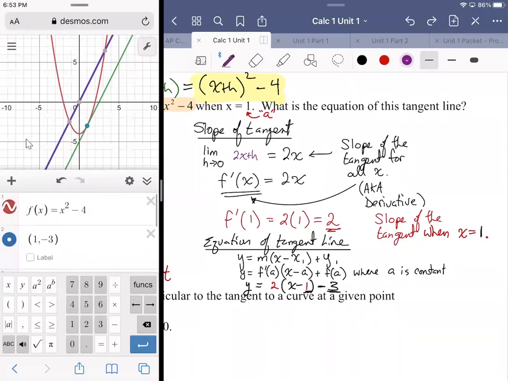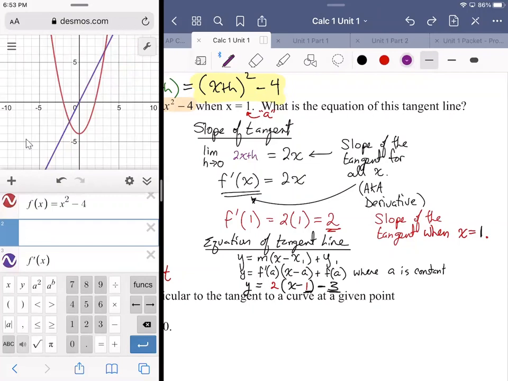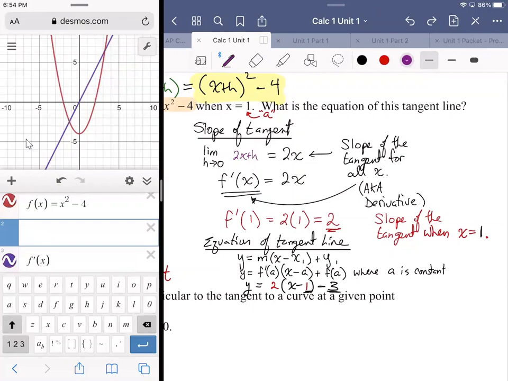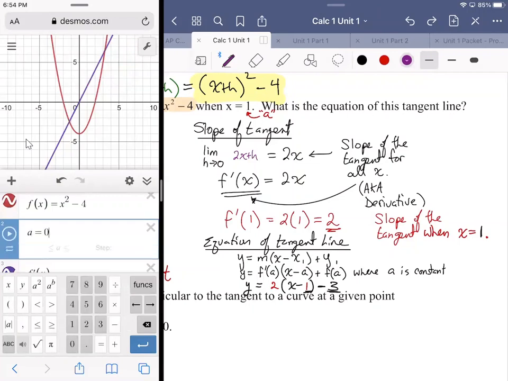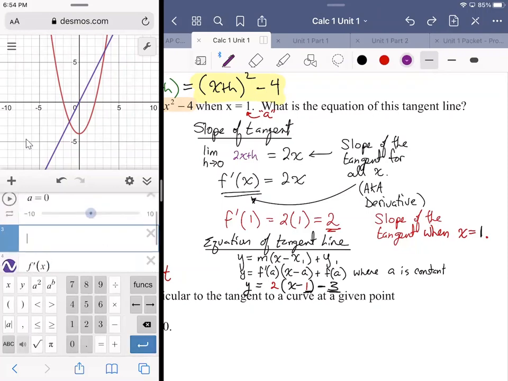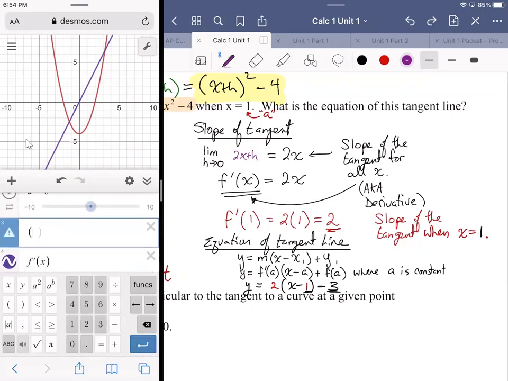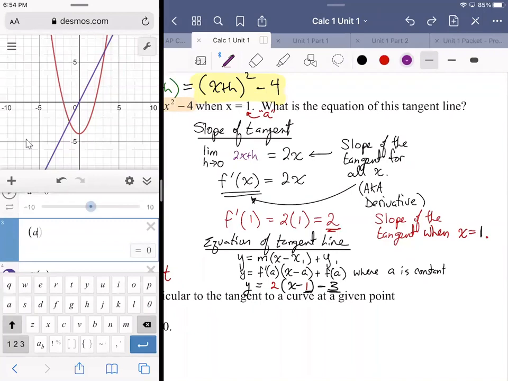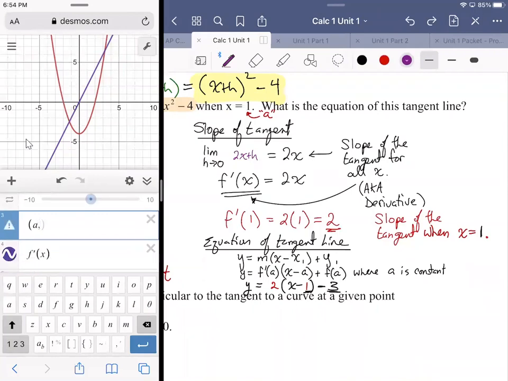So first thing I would do, I get rid of all this stuff. I can leave that. I would establish some point A, and I'll let A be equal to 0, just as a placeholder. And then I would establish a coordinate in general terms, A comma F of A.